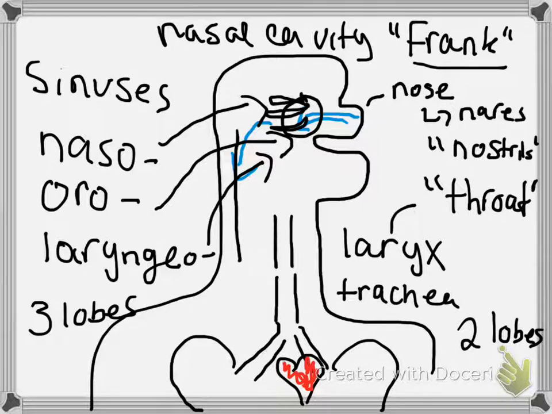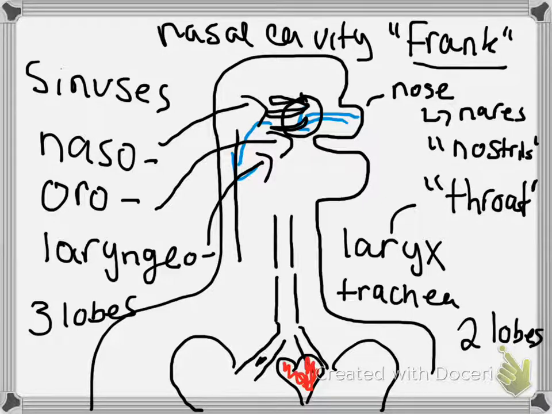So you have more of a chance of getting something caught or debris in the right bronchi than the left, because of how the passageway is connected to everything.